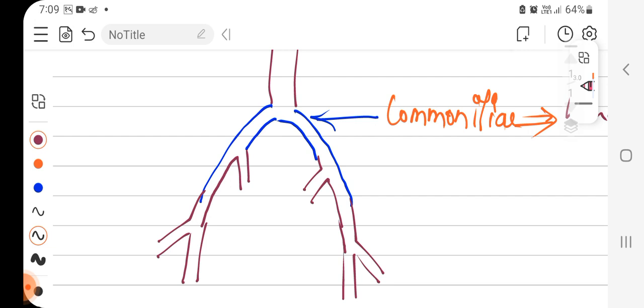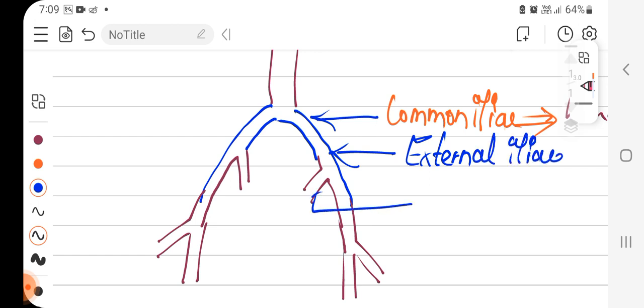Let's understand this. This running part is known as the external iliac, and this sided part is known as the internal iliac.